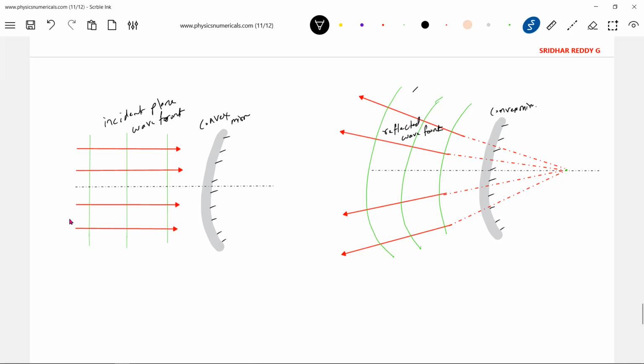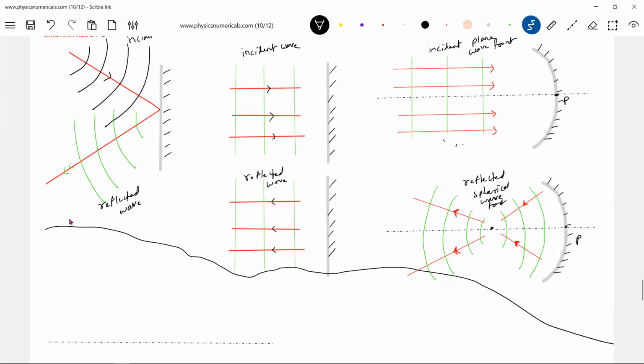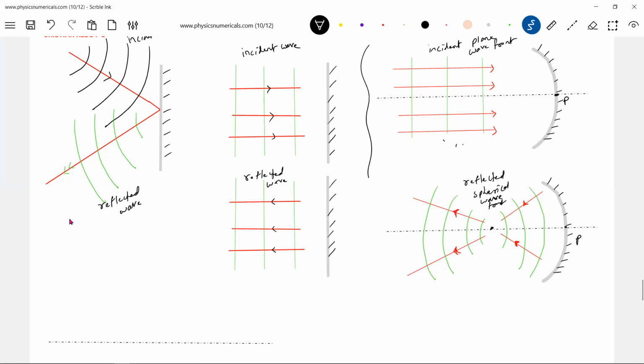Hope everyone is able to understand. So this is related to the convex mirror. What we did earlier is related to the concave mirror, then the plane mirror. So this you write as concave.